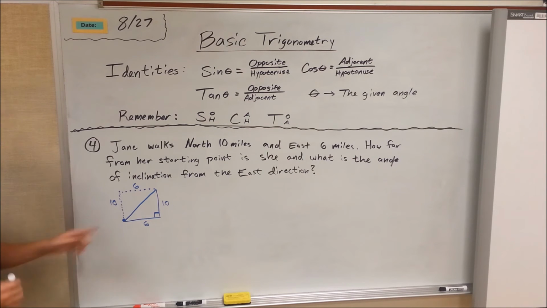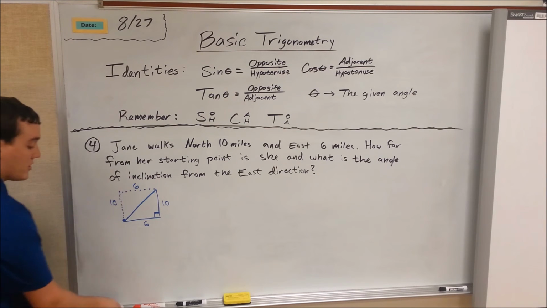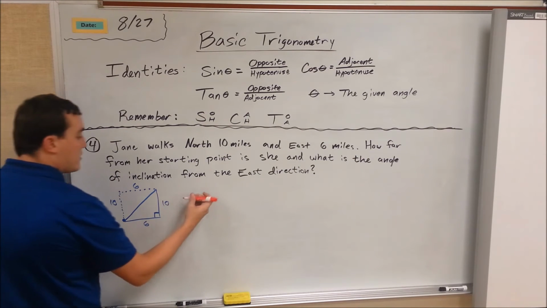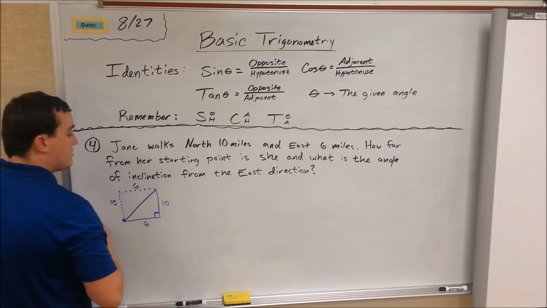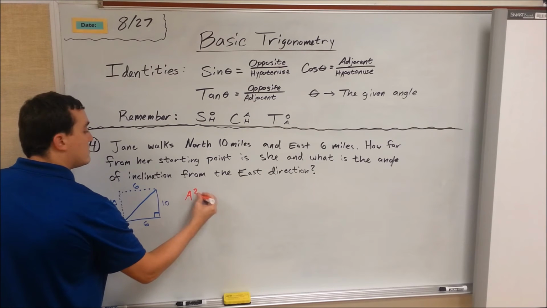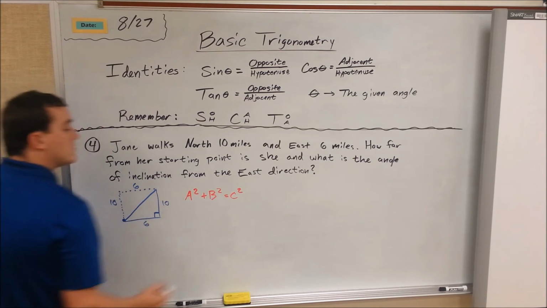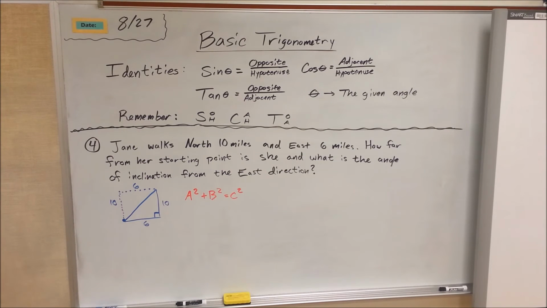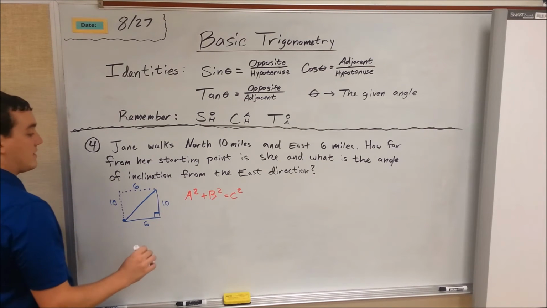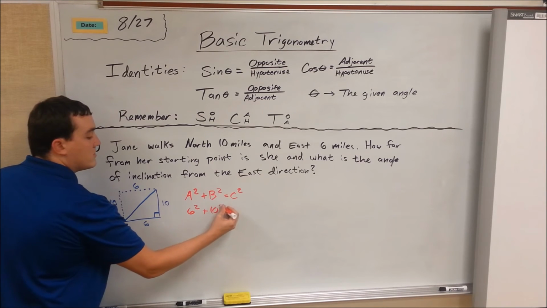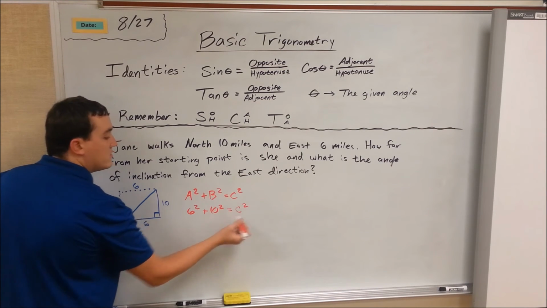We could use the Pythagorean Theorem to make this easy to find the hypotenuse. So that's a squared plus b squared equals c squared, where a and b are 6 and 10. So we have 6 squared plus 10 squared equals c squared.